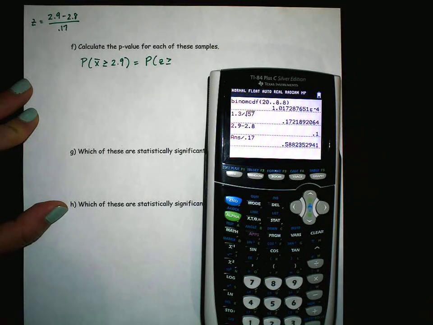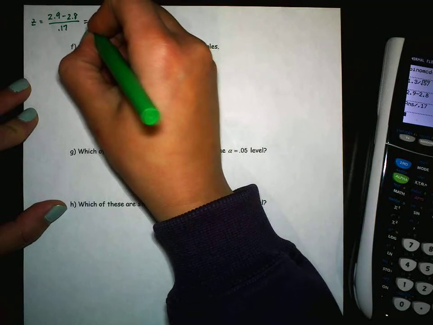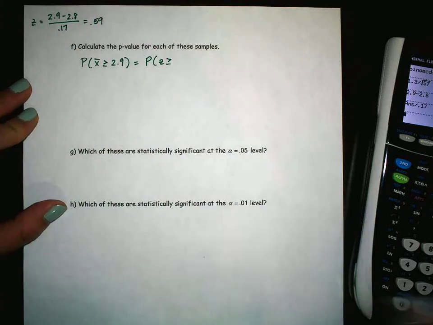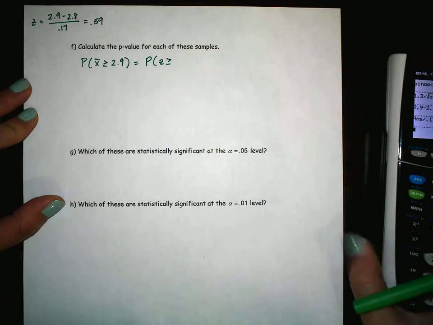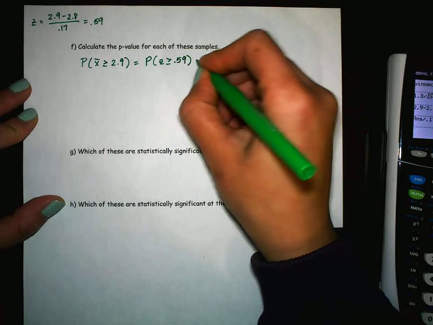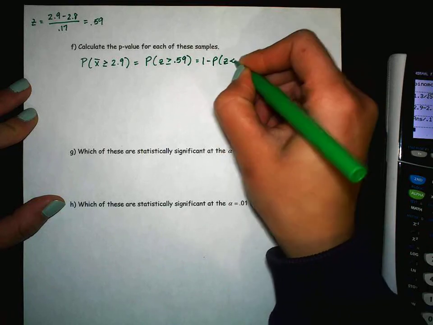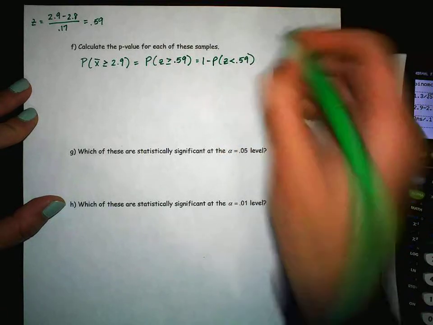All right, my z-score is, let's see, 0.59. All right, and then put that here. Greater than just really means 1 minus the probability that your z is less than 0.59.